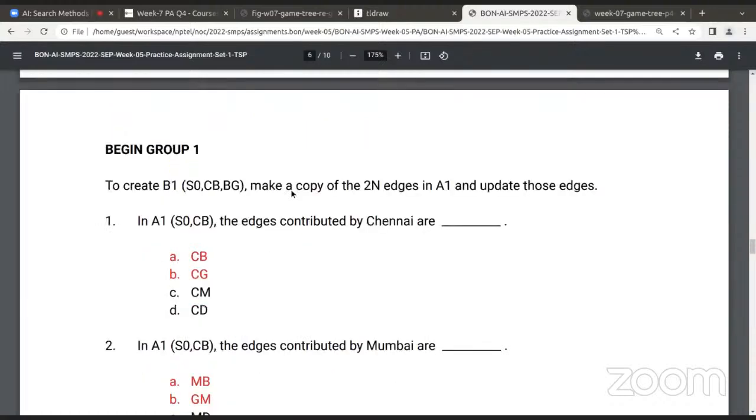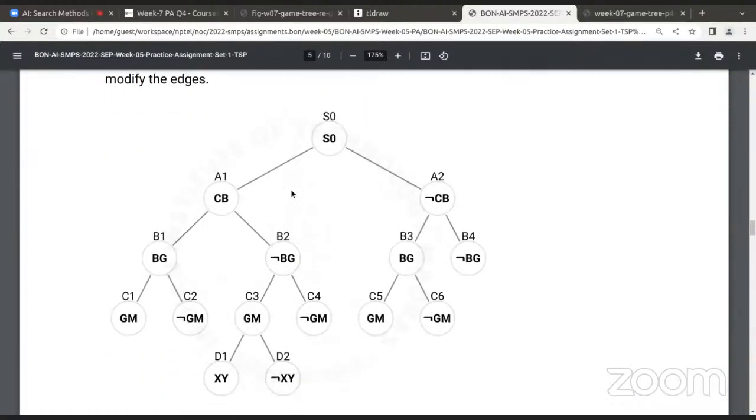Okay. See, when we included CB, without including anything, we got S0. Right, in S0, there are 10 edges. You will accept or not? Yes, agree. S0 has 10 edges. Of the 10 edges, I'm fixing CB and BC. From Chennai, I'm going to Bangalore.